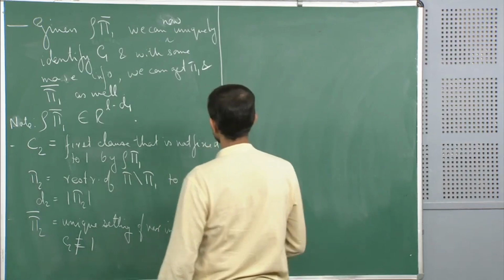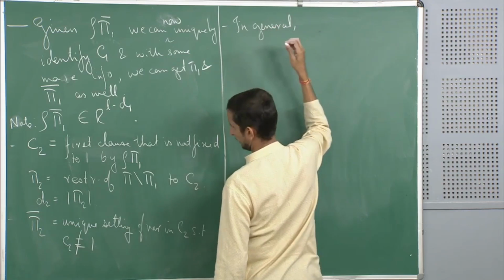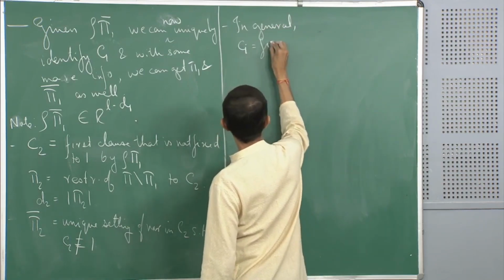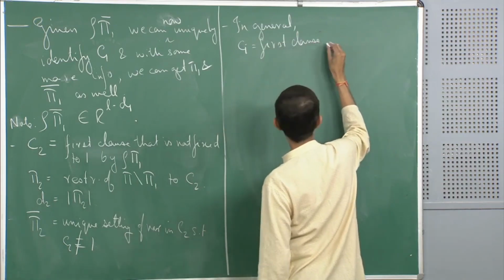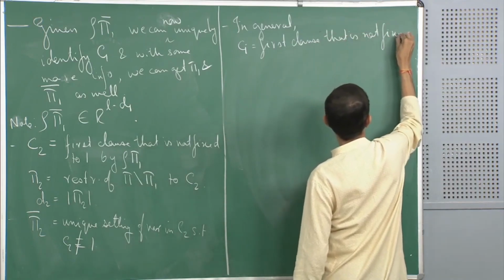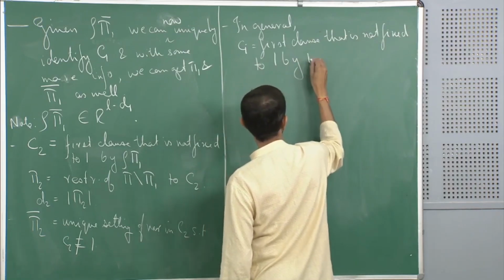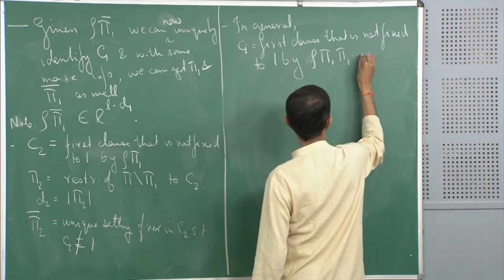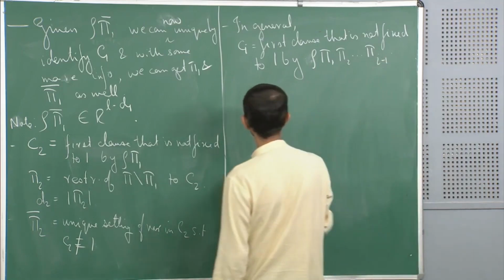So, in general, let me write this: Ci is equal to the first clause that is not fixed to 1 by rho pi 1, pi 2 up to pi i minus 1.